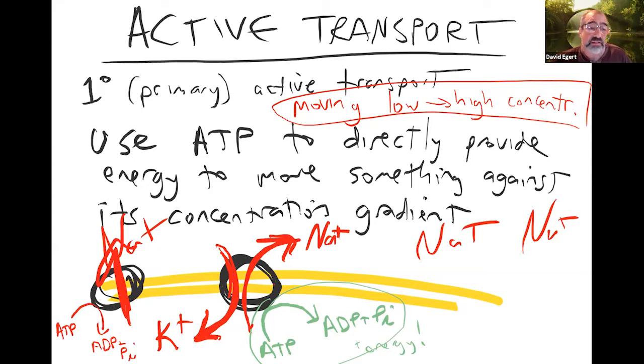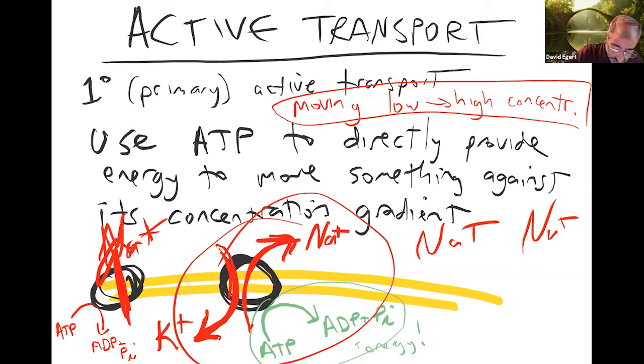Right, so you can have lots of different versions of these primary active transport things. Sometimes we're just moving one thing out against a concentration gradient. This sodium potassium pump is actually more complicated. It's moving sodium out and potassium into the cell.